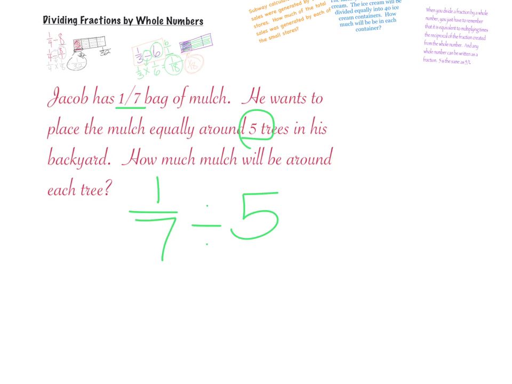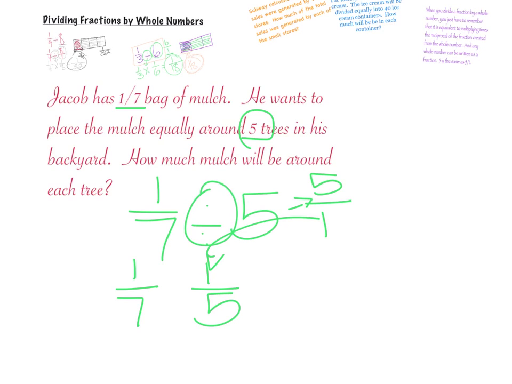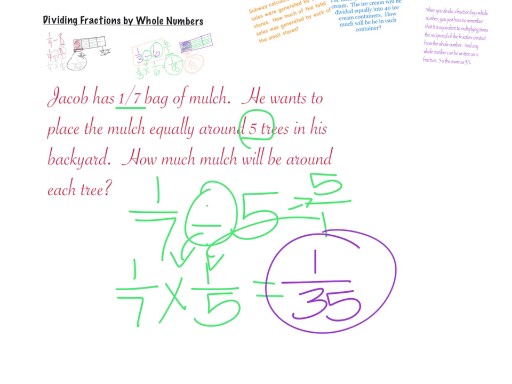But remember, we want it to be fractions, so we're going to do 1/7, and we're going to do 5 over 1, but we have to do the reciprocal, so we'll do 1 over 5, and the division sign is going to turn to a multiplication sign. So we're going to multiply straight across like we normally do. 1 times 1 is 1, and 7 times 5 is 35. So he'll have 1/35 of the mulch around each of the 5 trees.